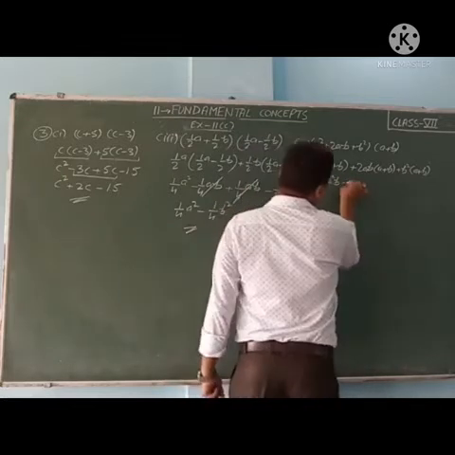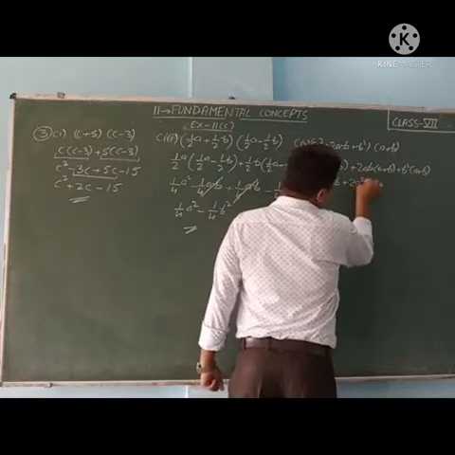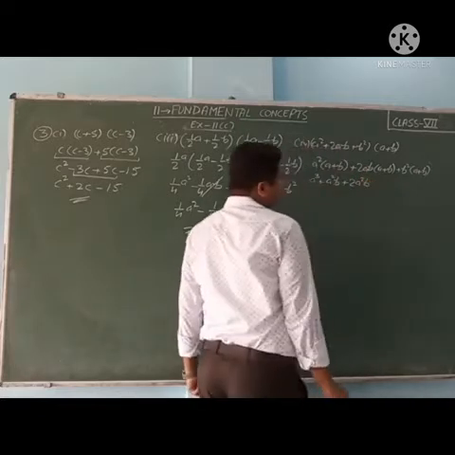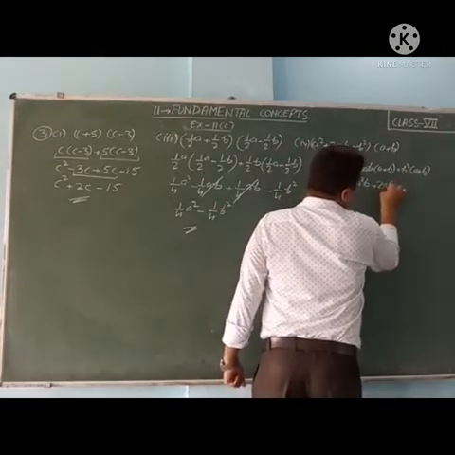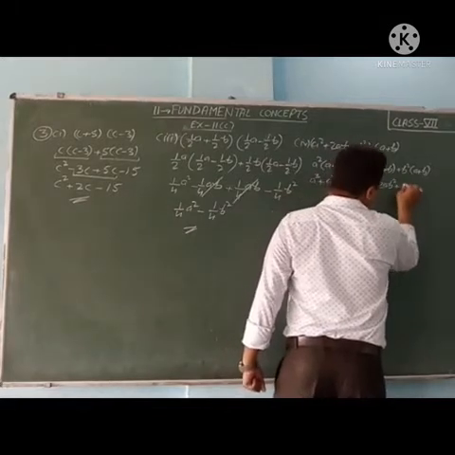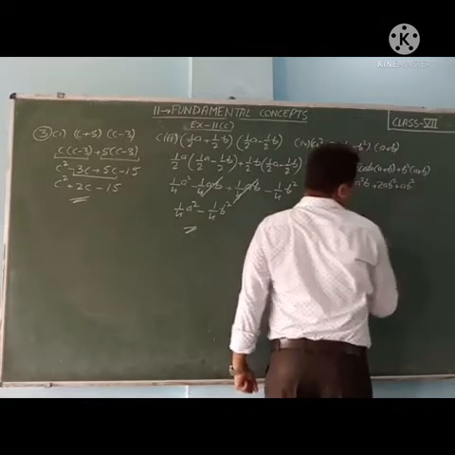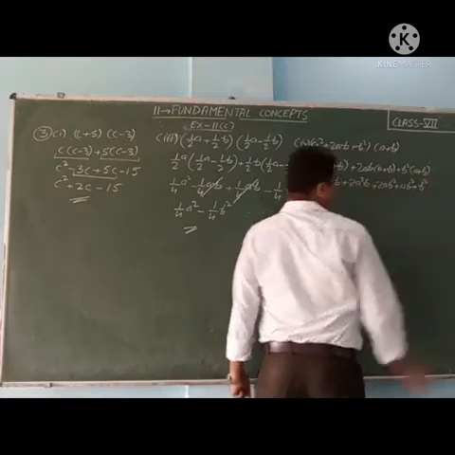Then plus 2ab into a, it means 2a square b. Then plus 2ab square. Now this multiply: b square into a means ab square. Then plus b square into b means b cube.